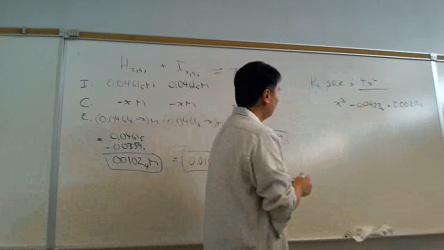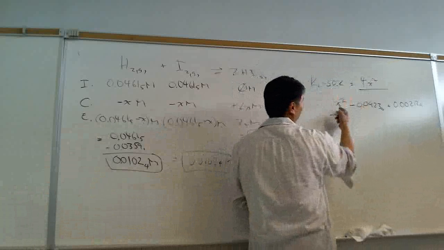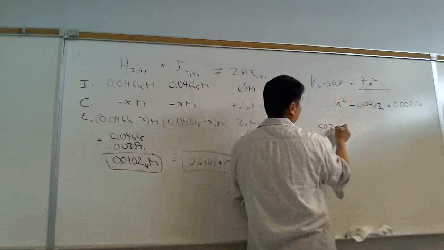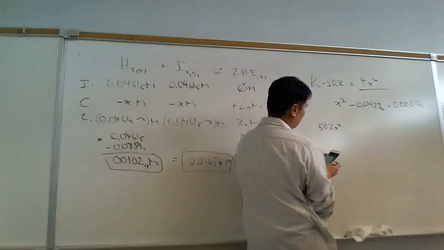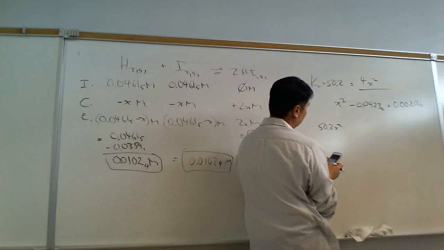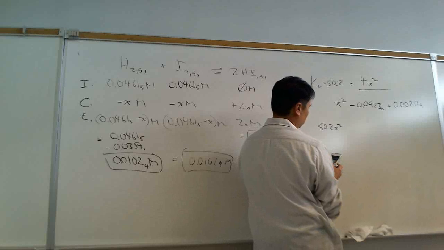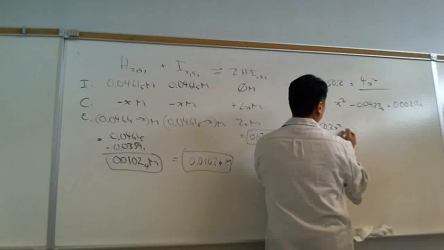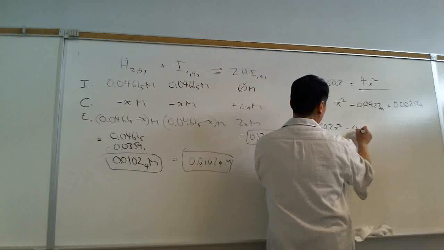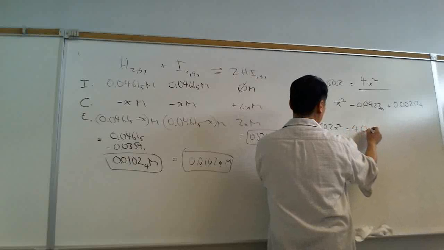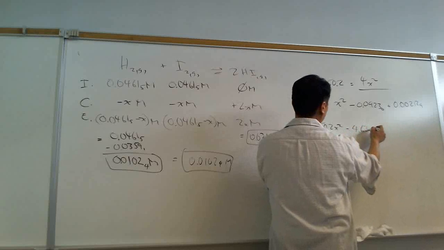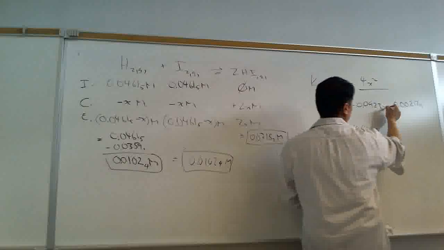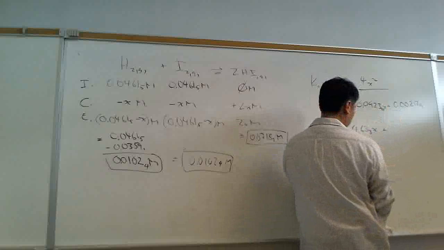All right, then we multiplied it through, 50.2 x squared. I think I double checked all these already, huh? Times 50.2 gives me minus 4.633x. I got 4.615?